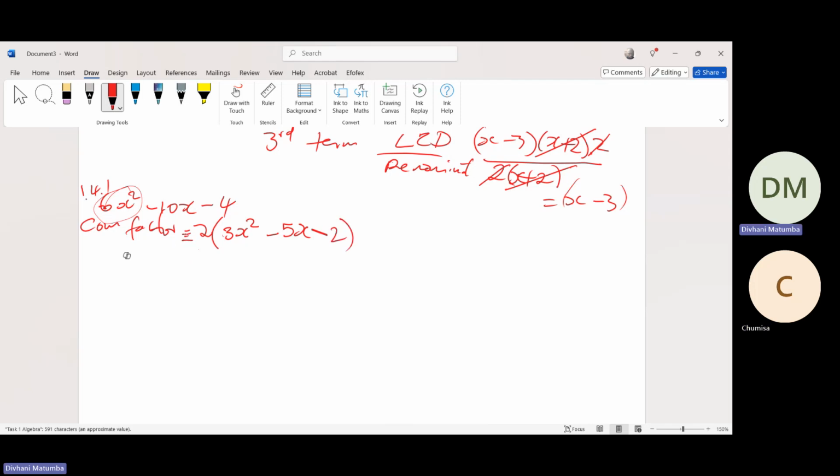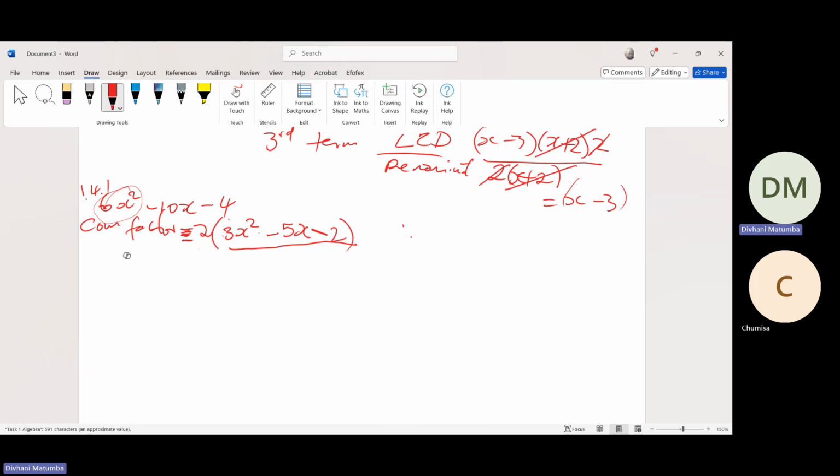Are we done? Did we factorize fully? Are we done? I think so. No, we're not. You have a trinomial in the brackets. It is in a form ax squared plus bx minus c.